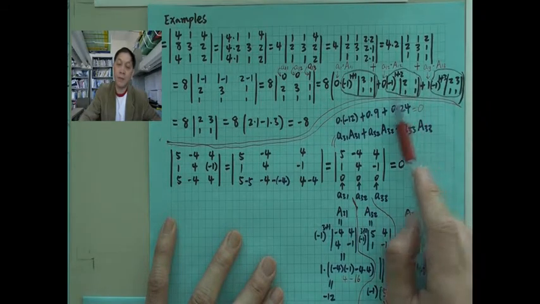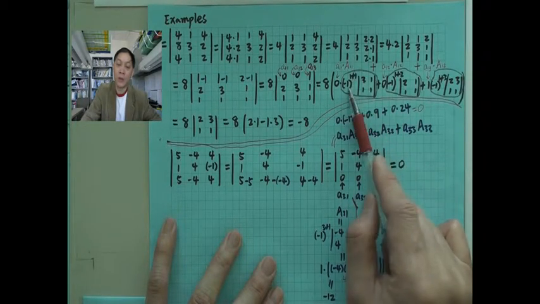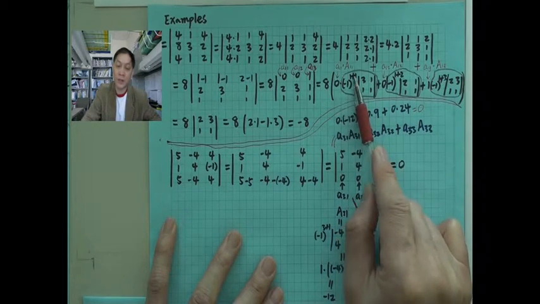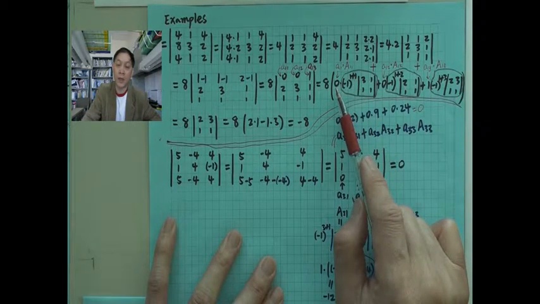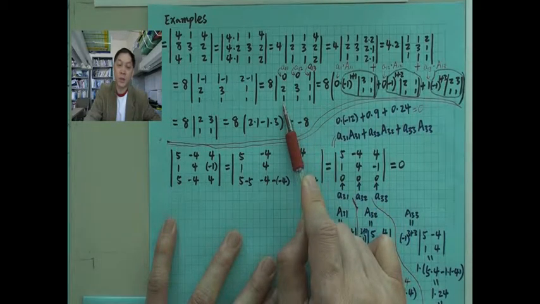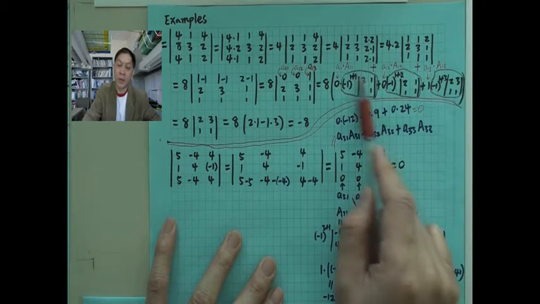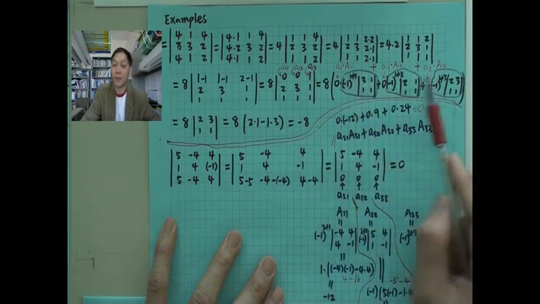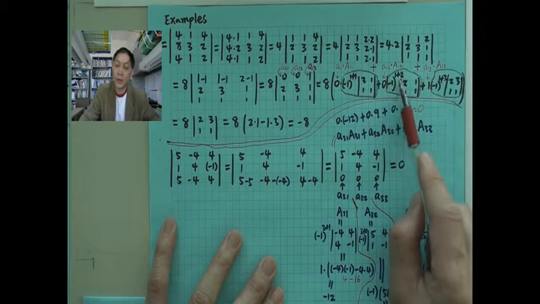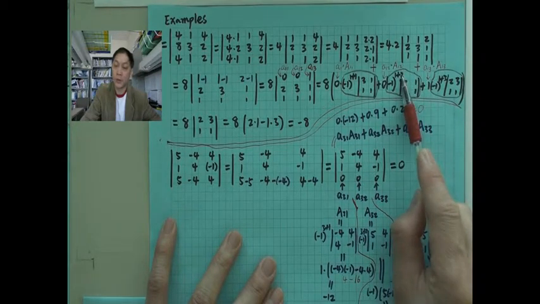Again, the cofactors are defined in this way. For A11, you have negative 1 to the power 1 plus 1 as a sign. Then the minor is what? Cross out row 1 and column 1, and you have 3, 1; 1, 1 left over. For A12, it is negative 1 to the power 1 plus 2, because that's row 1, column 2.